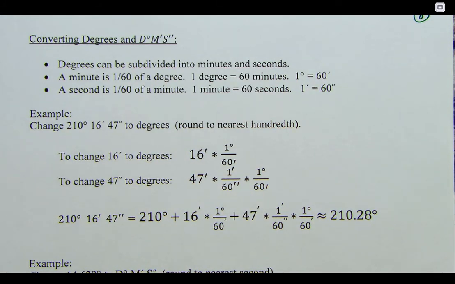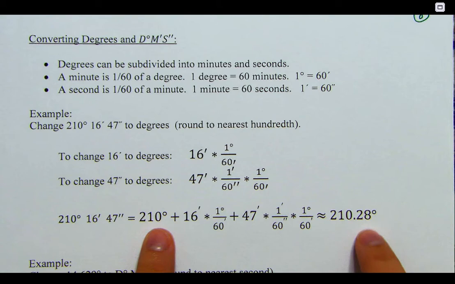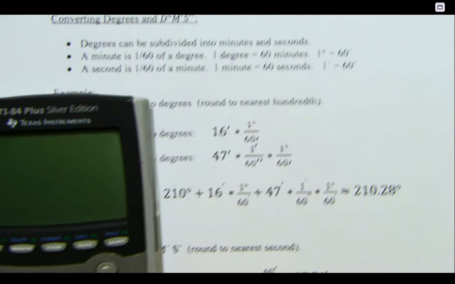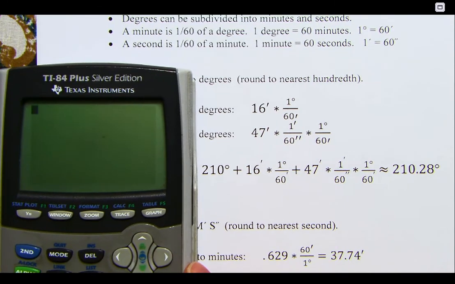Okay. Now, we're not going to do all those calculations by hand. We're just going to use our calculators to help us. So I'm going to show you how to type this into your calculator so you can just go right to your answer. So again, if you grab your calculator, I'm just going to start with this part.